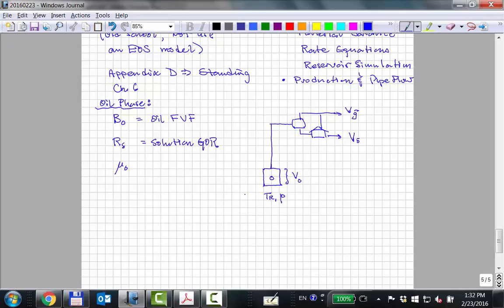Now this could be the original oil at original pressure, or it could be some depleted oil that's together with some gas. Okay? So it might or might not be, you just take an oil at some pressure and temperature, you calculate its oil volume.